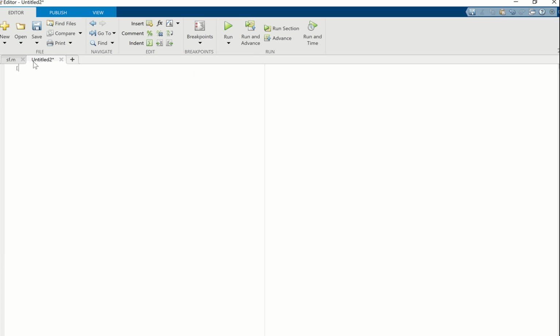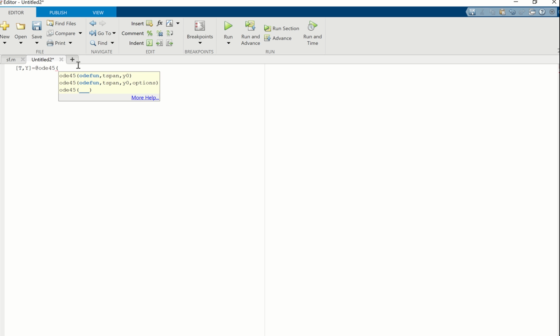Then I'm going to say T and Y, the output of the system, is equal to ODE45. This is the general format in MATLAB. ODE45 is one of the solvers I taught you several times.